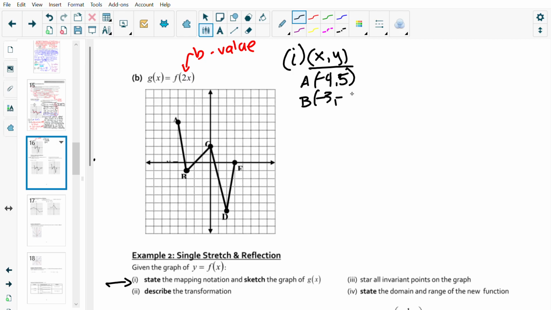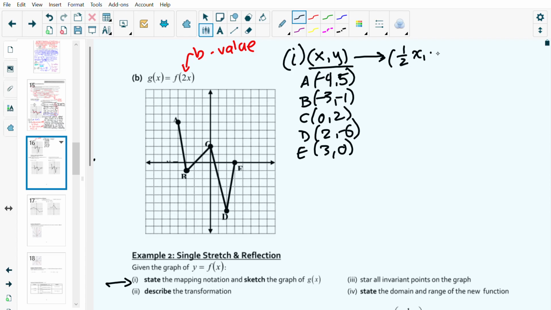B is -3, -1. C is 0, 2. D is 2, -6. E is 3, 0. Okay, and it's transformed to 1/2 x, y. So this is the mapping.